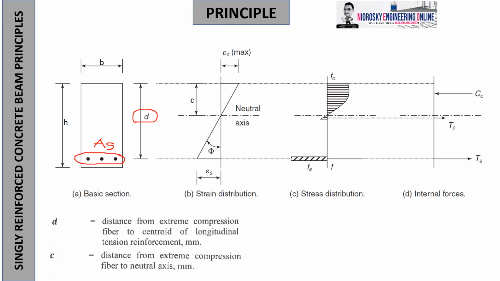So, as our NSCP 2015 describes and defines, nandun po yan sa may notations and terminologies, d is what we call the distance of the compression fiber to the centroidal location of the longitudinal tension reinforcement, meaning we need to find the centroid of the rebar group.